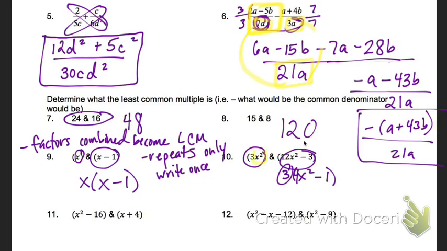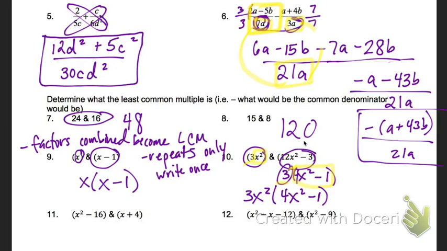Then I have x squared and 4x squared minus 1. So my 3's are repeated, so I only write it once. x squared is not repeated, so I write it, and then the 4x squared minus 1.